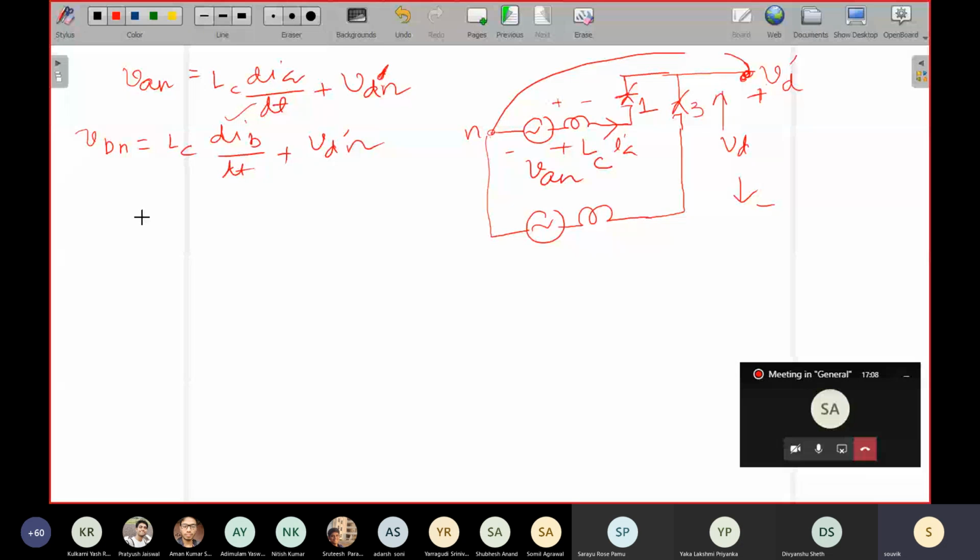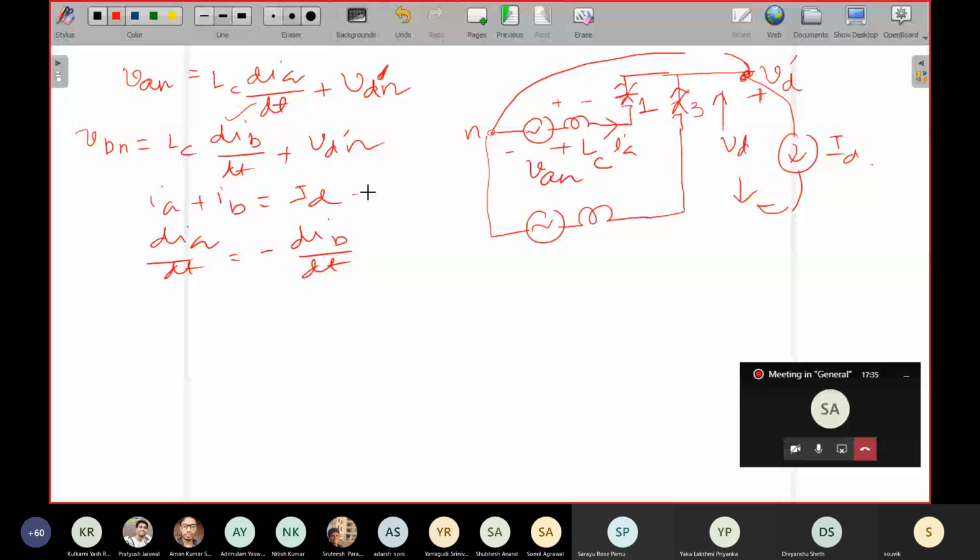Another equation is that these two currents together by Kirchhoff's law must be equal to ID, the current here between the DC bus. So IA plus IB is equal to ID. So dIA by dt is equal to minus dIB by dt, because ID is a constant.